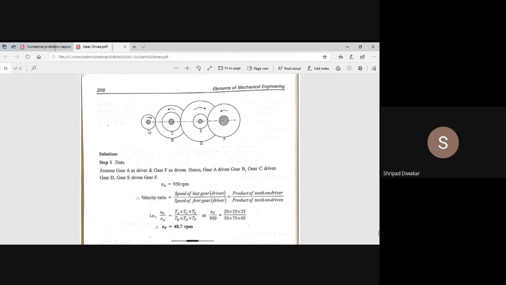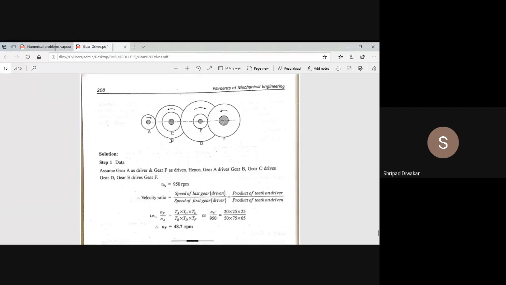So TA, TC, and TE are your driving gears, because A drives B, C drives D, E drives F. So from the diagram, it is very clear that gears A, C, and E are the driver gears. On the other hand, B, D, and F are your driven gears, because A drives B.